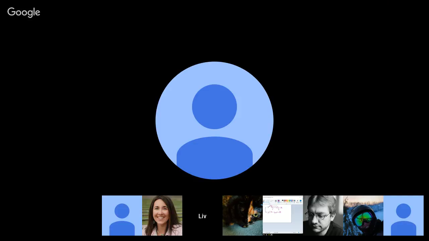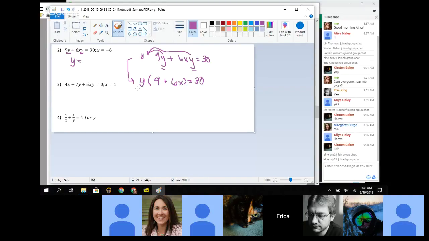Cool. Okay. So now how do I get y by itself? Well, this is y multiplied by 9 plus 6x. So I actually can divide out the second part. So if this was 3 times y, we would just divide by 3. But instead of 3 times y, we have 9 plus 6x times y.